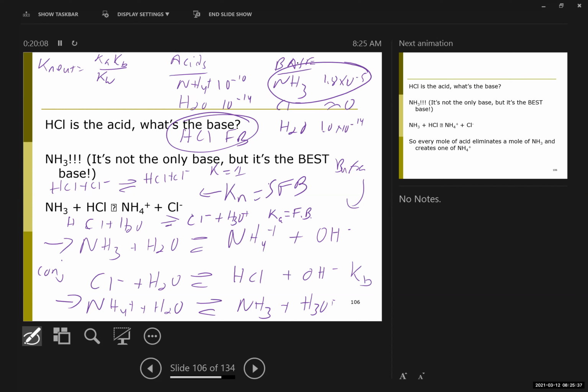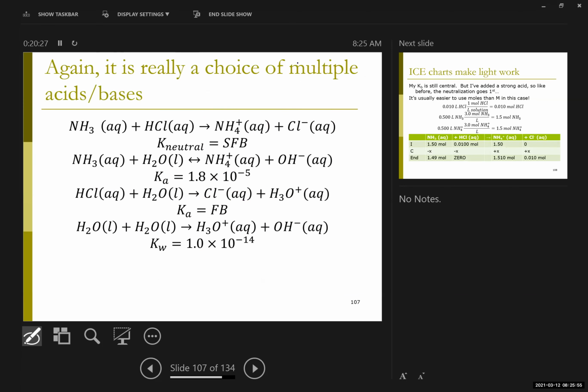Where that's helpful is it ends up eliminating a bunch of the other reactions. And it turns out, of all of my possible reactions, this one would be the biggest.